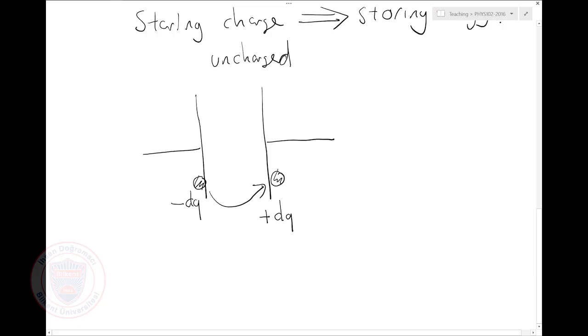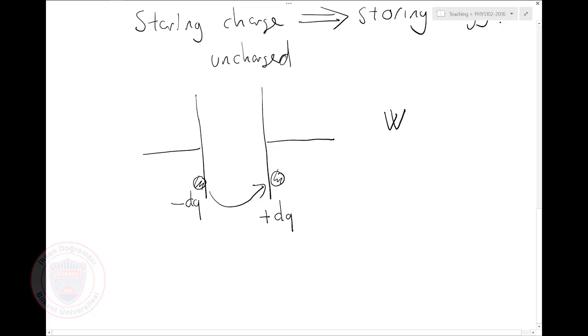I'm moving charge from one conductor to the other. How much work do I need to do to move dq charge from one conductor to the other? I know that the work, or the potential energy change, must be delta V times dq.